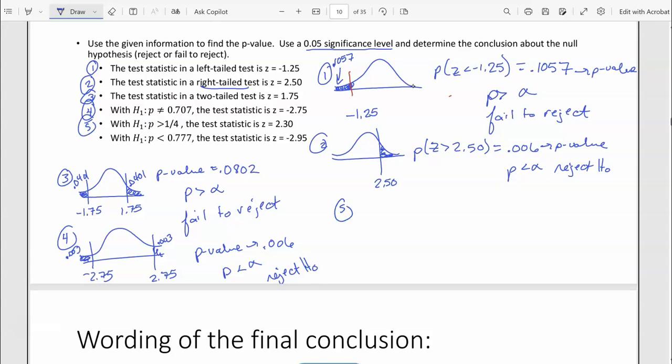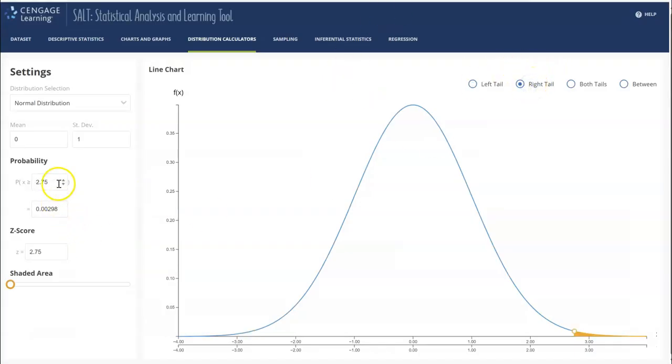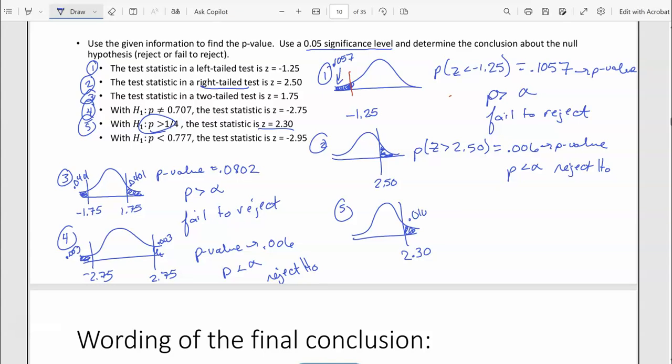Number 5, because it says greater than, this is a right-tailed test with that test statistic being 2.30. So I found that value in that right tail. Right tail, 2.30, I get 0.0107. P is less than alpha.